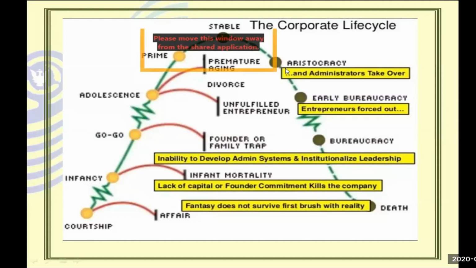More competitors come in, and when competitors come in, they start sharing your market with you. What that means is that your sales start declining. This goes to aristocracy. The firm is so big, but it has challenges of administration and takeover. This is where takeover happens.